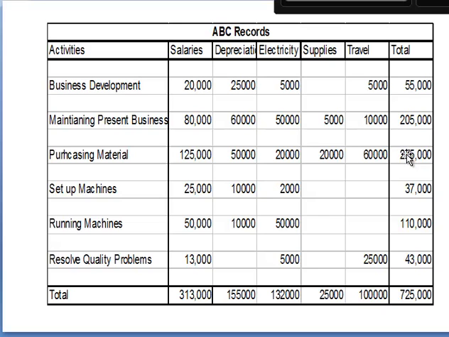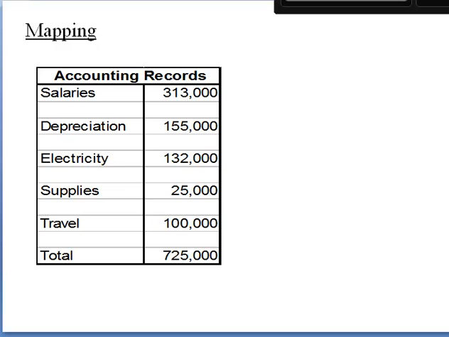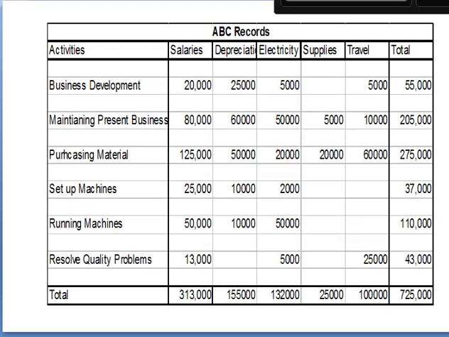So in activity based costing, you're shifting from a single absorption rate to multiple absorption rates. What's the benefit of multiple absorption rates over a single absorption rate? It will improve the cost information. It will help managerial decisions.